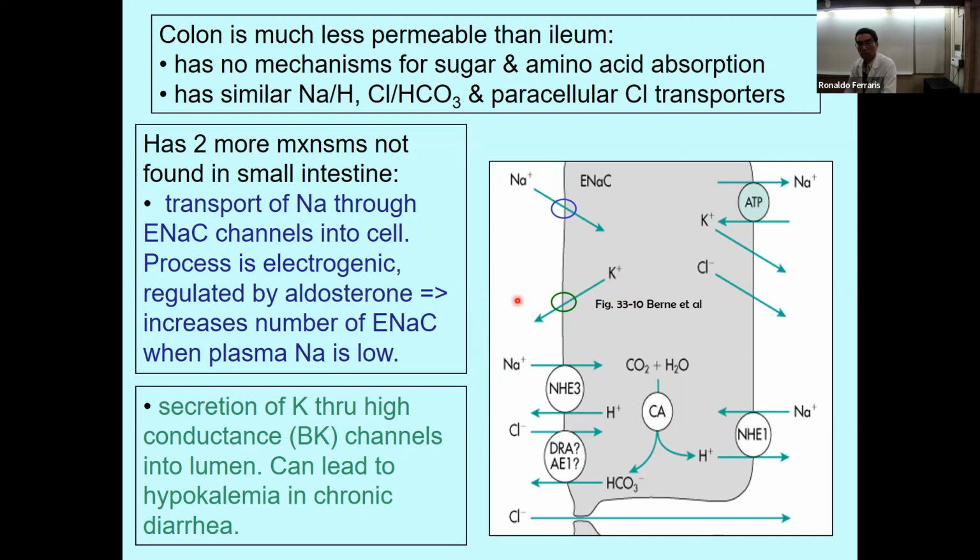People who have chronic diarrhea are in danger of having low potassium in the bloodstream, and you do need to supplement it with potassium tablets. Because when there is diarrhea and the flow of fluid through here is fast, then potassium is actively secreted by this BK potassium channel.